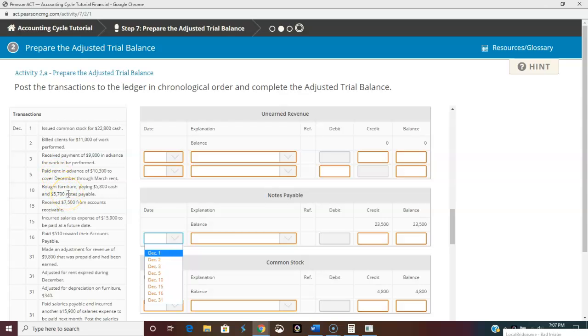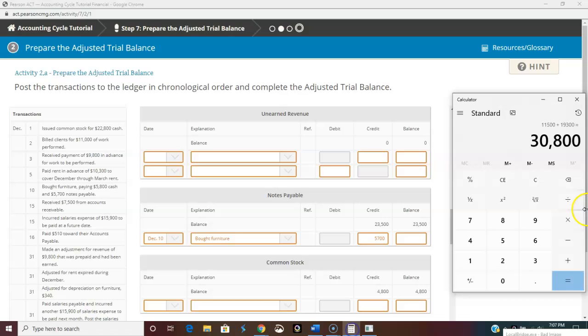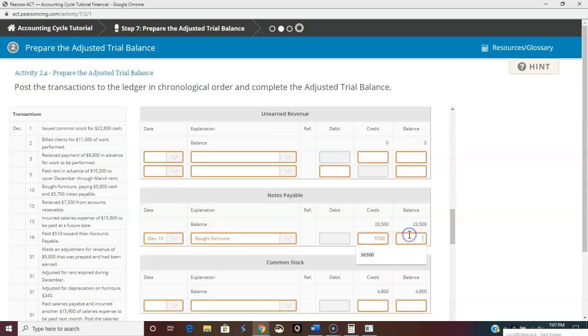The furniture is the note payable on December 10th. Bought furniture and the amount was 5,700. So you're going to have 23,500 plus 5,700, 29,200 as your balance.